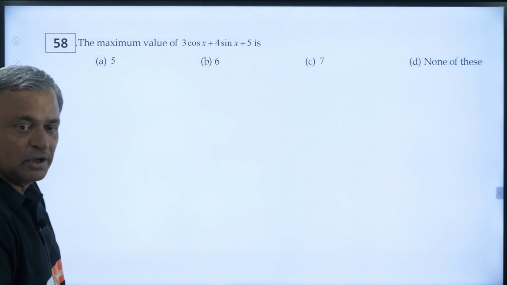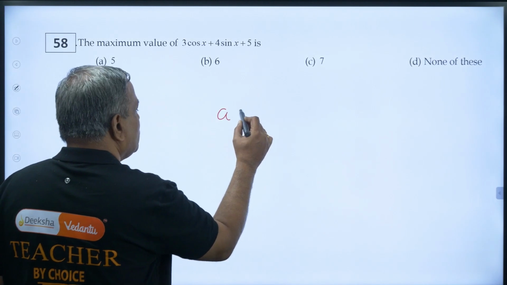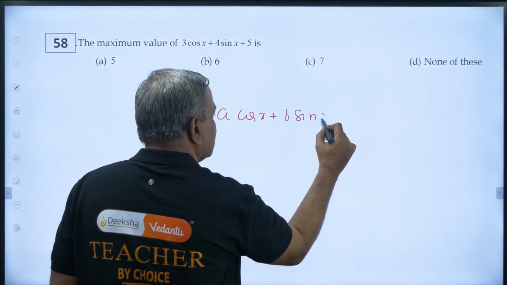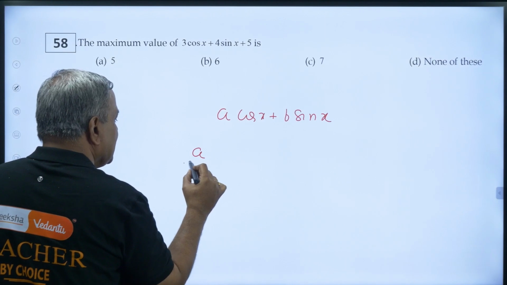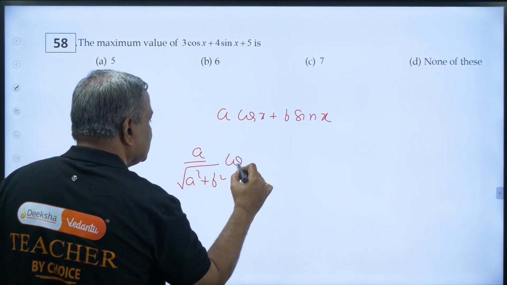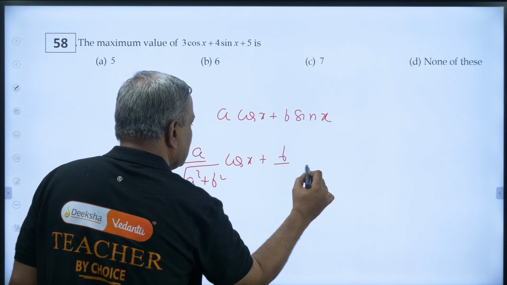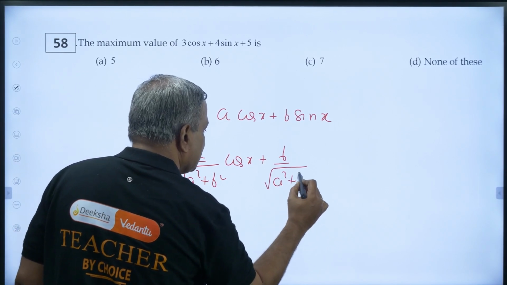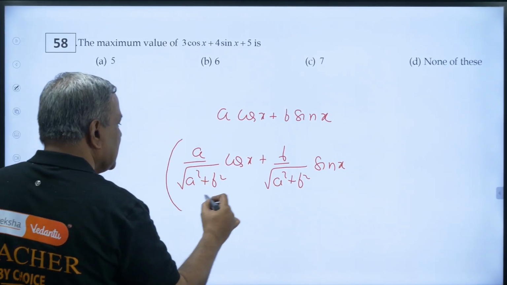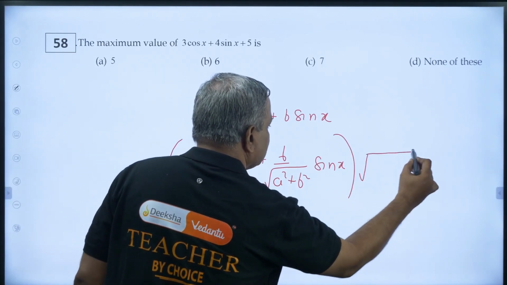The maximum value of this one: you know that a cos x plus b sin x can be written as a by root a square plus b square cos x plus b by root a square plus b square sin x, into root a square plus b square.